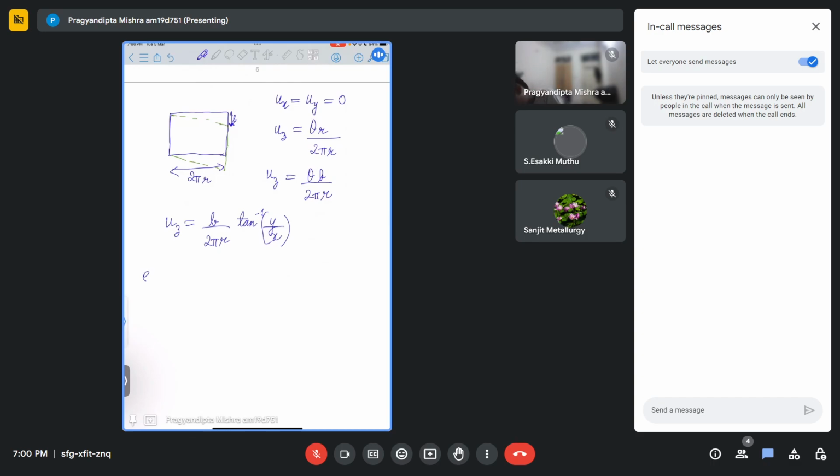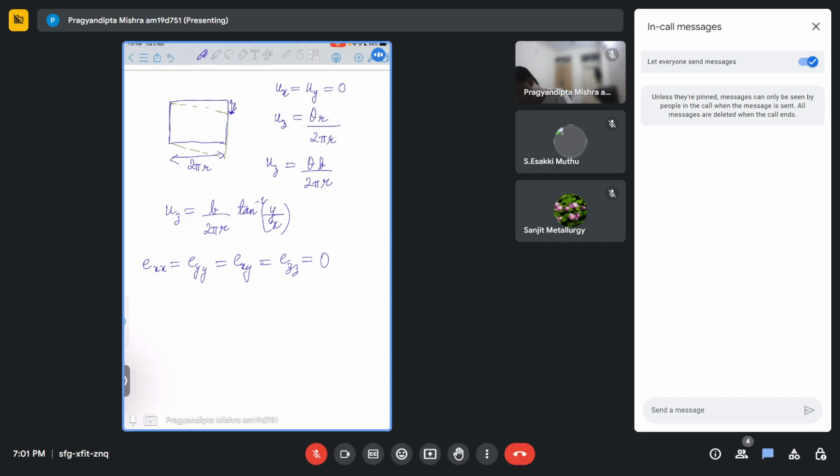So now if I want to write the strains along xx, yy, xy, and zz, I know zz will be equal to 0.